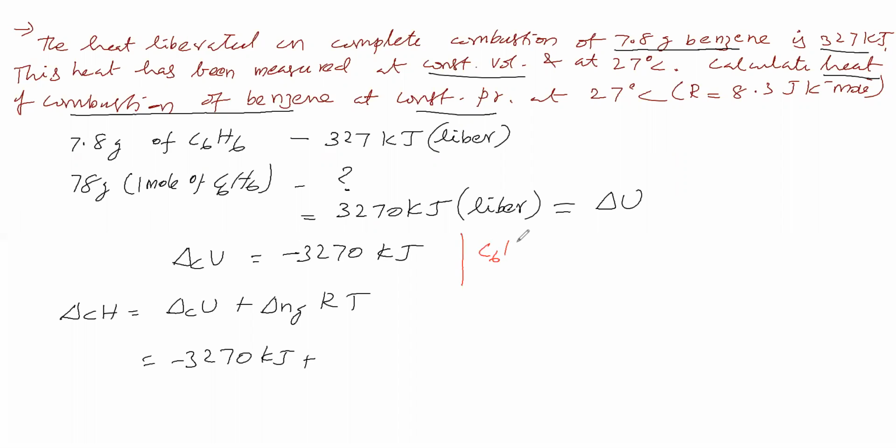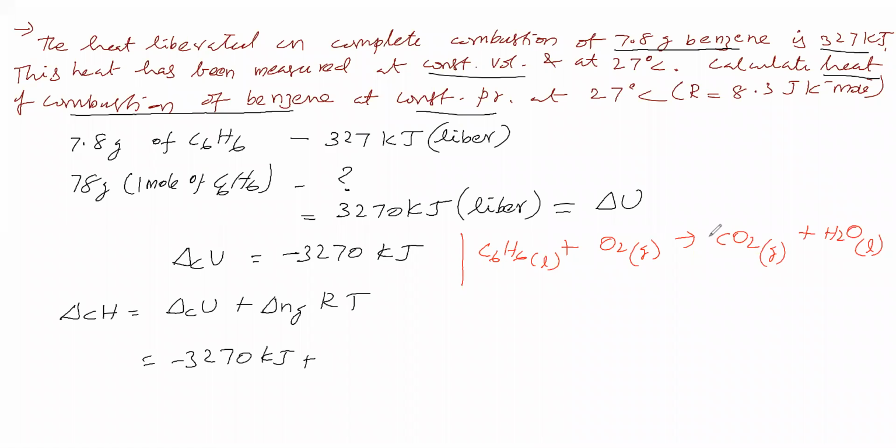Benzene is a liquid. Combustion means plus O2 gas. Carbon takes oxygen and gives carbon dioxide gas. H takes oxygen and gives water. Water we have to write in liquid state unless they mention vapor, because liquid is the normal condition. Then we balance this equation by keeping benzene as 1 mole.